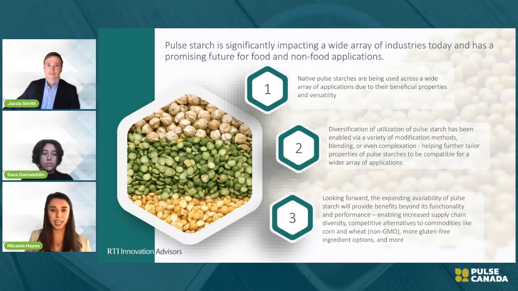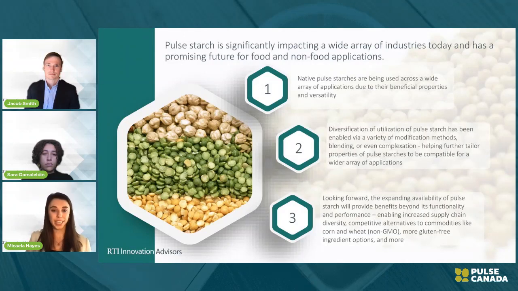So the first conclusion is that as we dove into the vast array of IP literature and sought to generate insights from that literature, it became very apparent that native pulse starch has high utilization across many different applications.